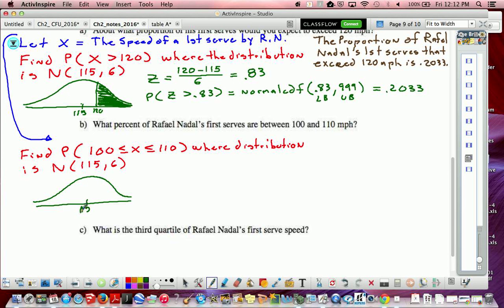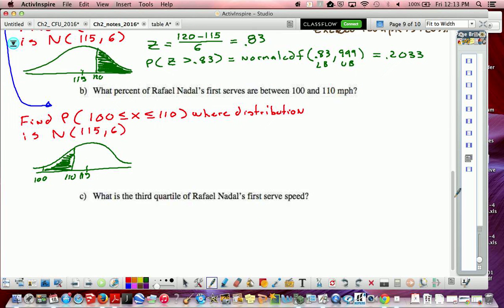100 I believe is going to be way down here, and 110. Looking at in between those two values. So z-score for both of them.